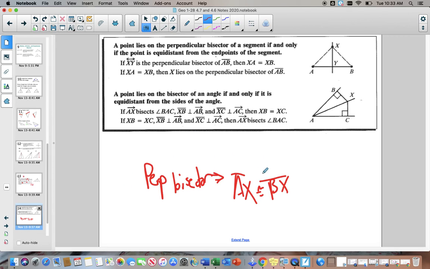We can also do the converse of that. That's because of the if and only if.